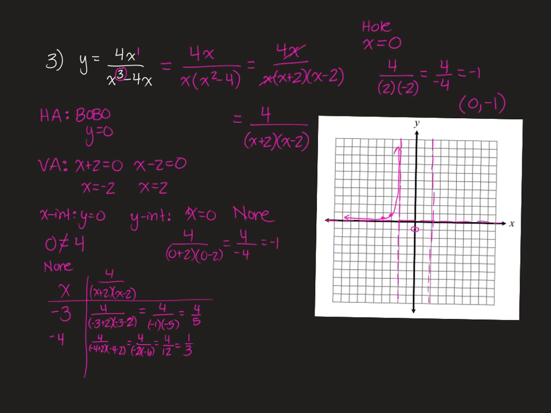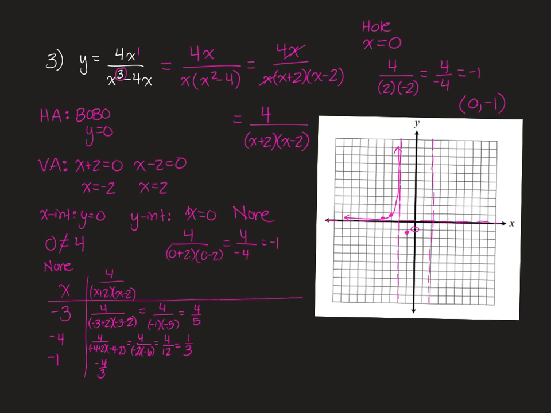So now let's look in between negative 2 and 2. So let's look at negative 1. If I plug in negative 1, I think you've seen me do the math enough times, you're going to get negative 4/3. Okay, so negative 1, we are at negative 4/3, which is negative 1 and 1/3, which is about right there.